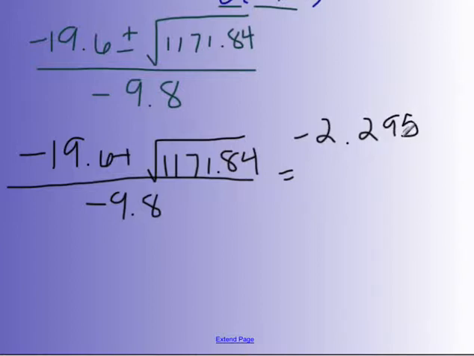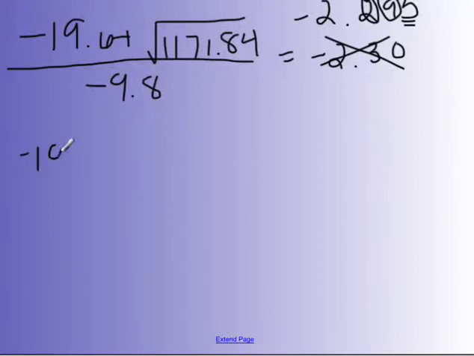Those are the three decimal places you're given. Well, we want to take a look at the third number. The third number is 5 or greater, so we need to round up. Well, when we round the 9 up, we actually have to round the 2 up too. So we're left with negative 2.30. Well, it's a negative answer, so we have to throw this answer out. It's not going to work for us.